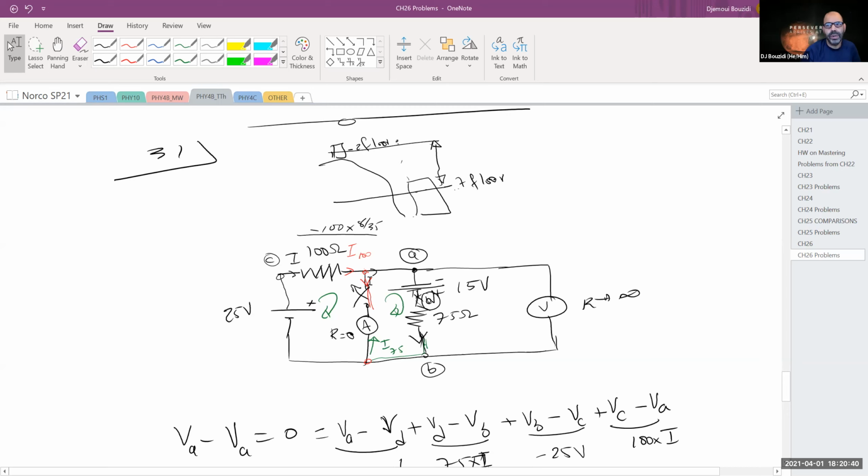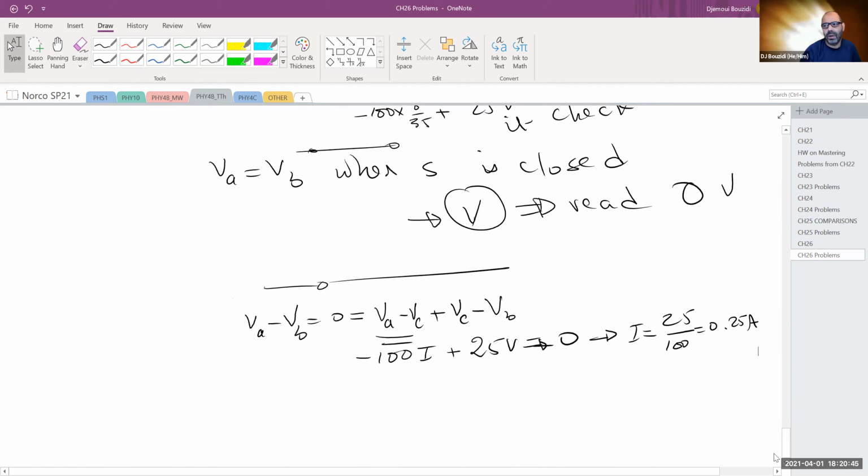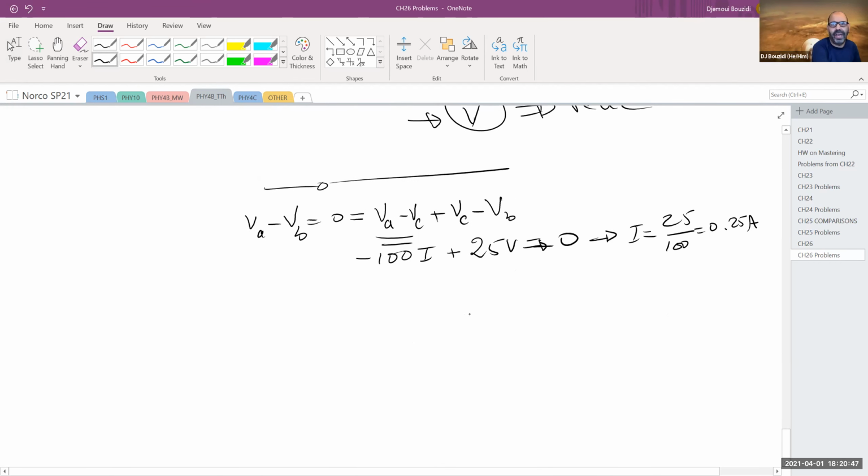Okay, we're going to do the same loop now. VA minus VB is still 0 because now they're short-circuited. VA minus VB is equal to 0, which is equal to VA minus VD, I think we called it D, plus VD minus VB.